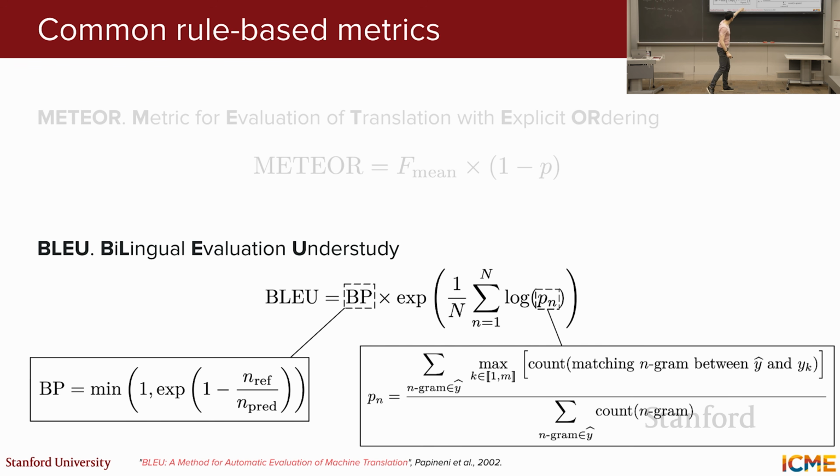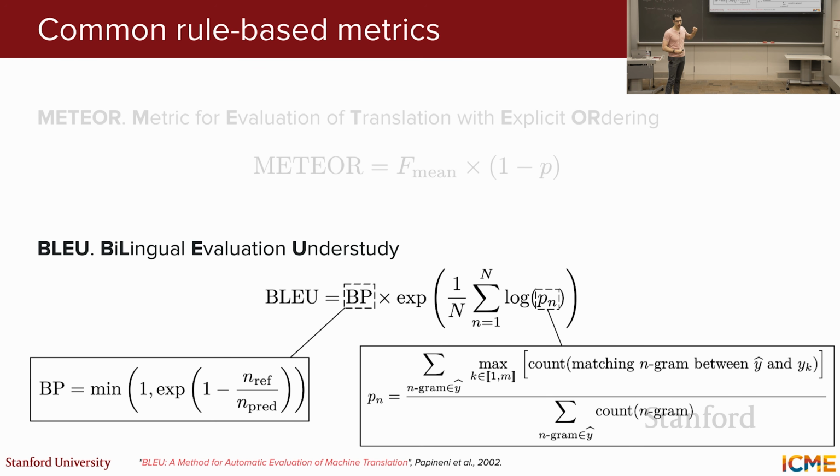It also has a penalty term called brevity penalty, because given that it's more of a precision metric, if you translate something that's very short, you may be able to game the metric. So you want to penalize the translation being too short.